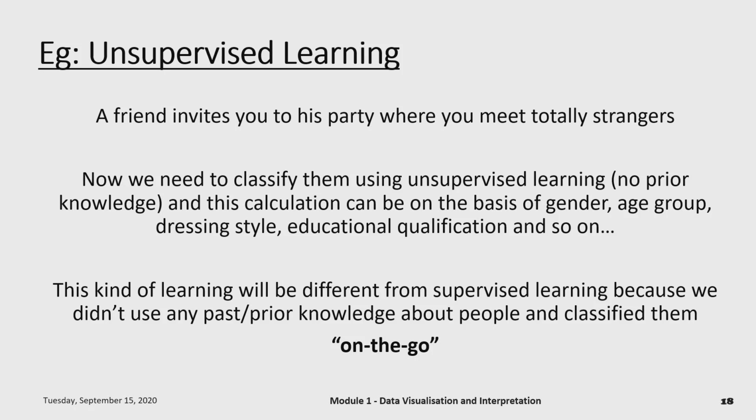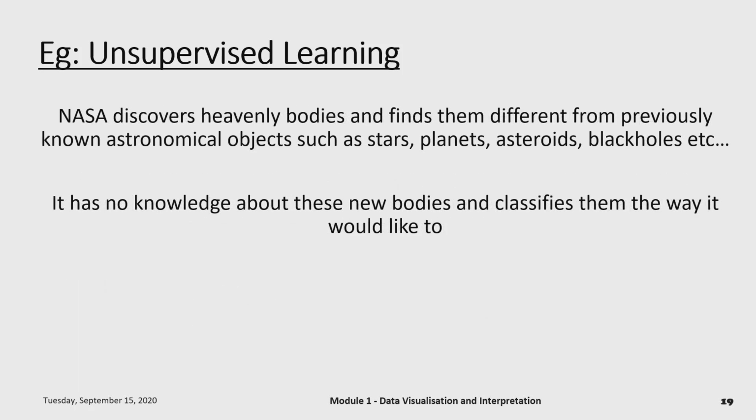So the prior knowledge was nothing, right. So this kind of category where you classify on some constraints is called unsupervised learning, right, because you did not have any past or prior knowledge about the people which you are going to classify.